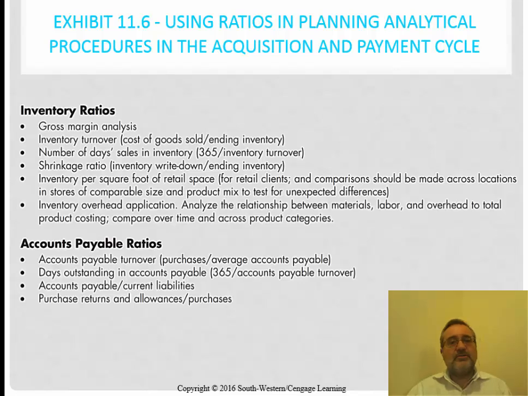But you notice that we have inventory ratios, accounts payable ratios, and we're using these essentially to identify things that have changed from the last period. And again, they may have changed for appropriate reasons, but as we're looking at changes, this essentially is directing our attention to what we need to look at as we are assessing the risk of material misstatement.